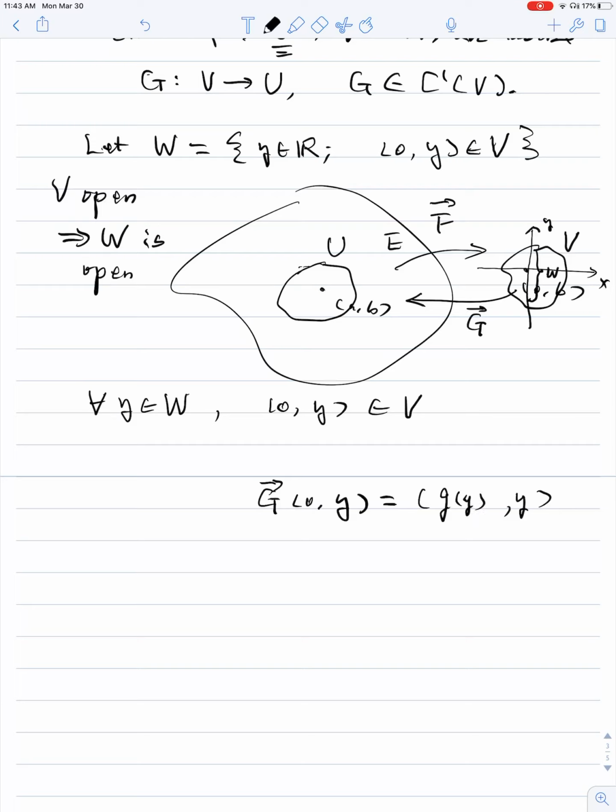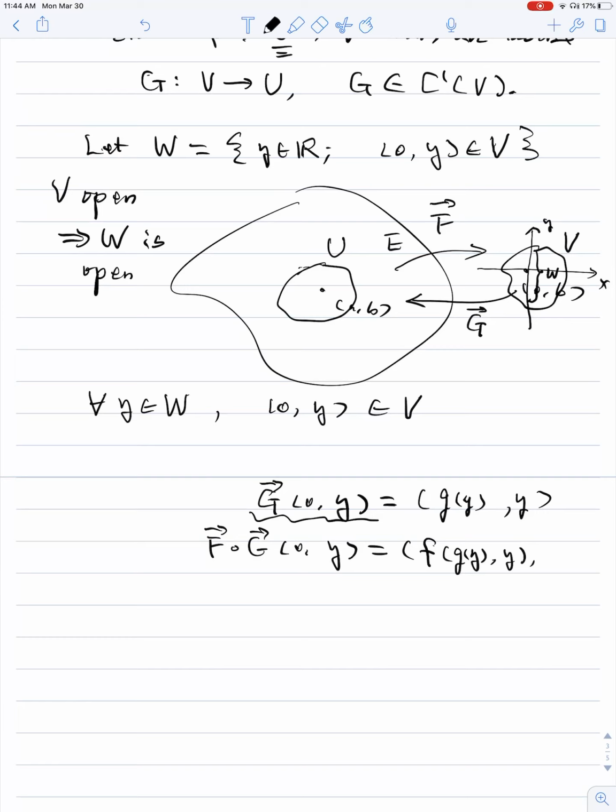Remember, G is an inverse of F, so that would mean that capital F of G(0, y) is F of (g(y), y), where x is g(y).